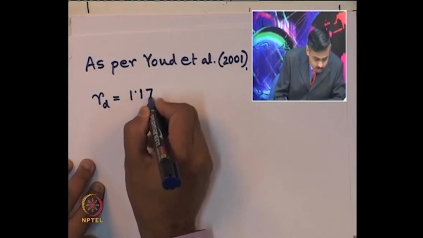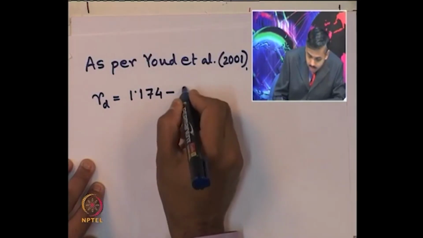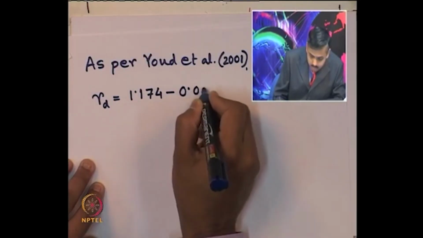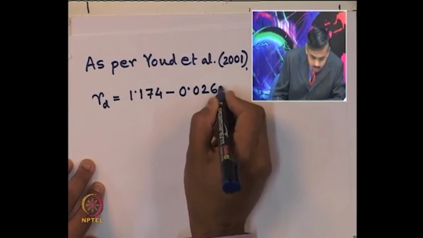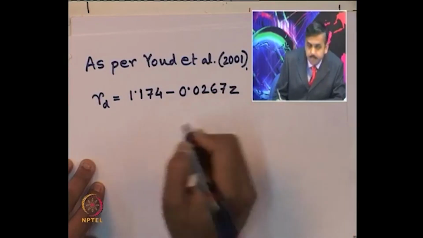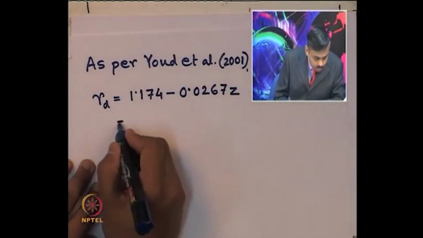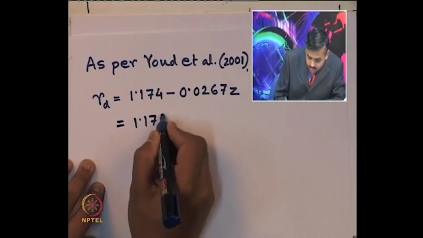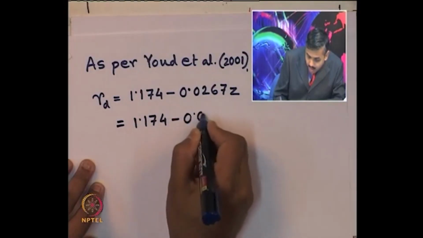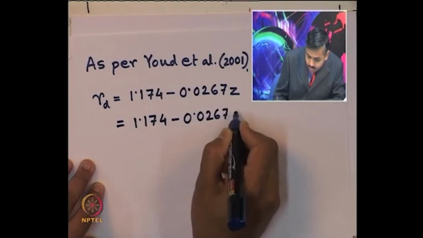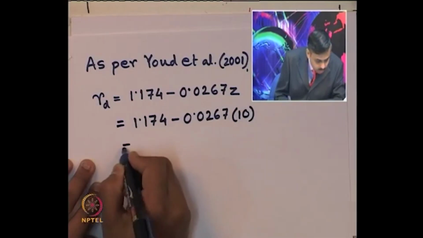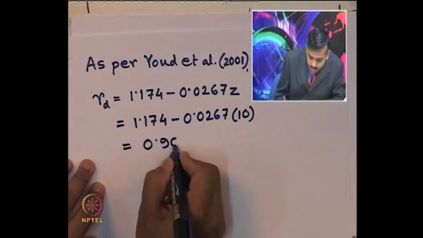We can use this expression. So, the value of R d at 10 meter depth will be 0.907.